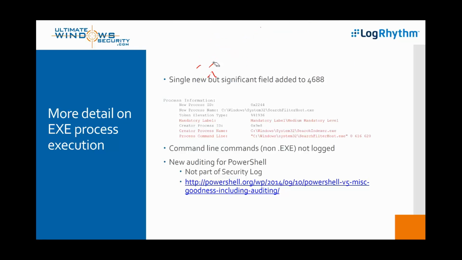So super useful stuff. Let me see if I can take a couple questions here. Doran says, do we need both 4798 and 99? Same information? No, because one is telling you when we open up a local user account, what groups is this user a member of?